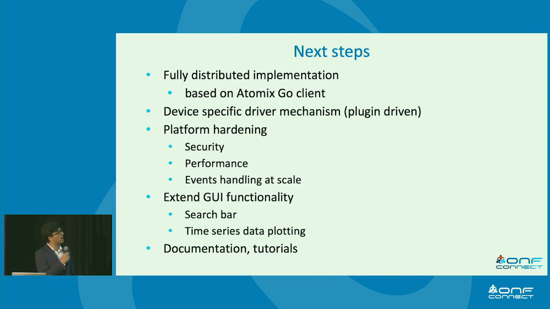We want to include a device-specific driver mechanism, which is, again, plugin driven, because we recognize that different devices can have different behaviors in terms of subscription and stuff like that. So we want to include the capability to do even more fine-grained tuning of how onos-config interacts with the device. We also want to do platform hardening in terms of security, performance, and events handling at scale.